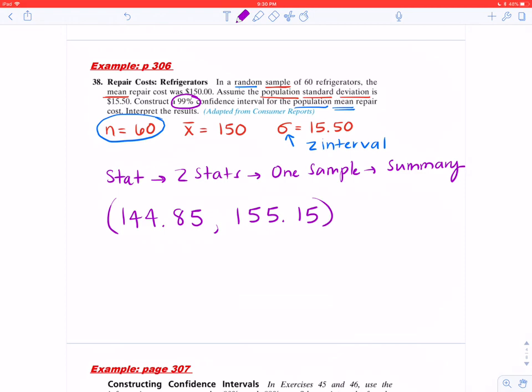All right, now again, what you want to remember is that this is an estimate for the mean of the entire population, for the value of mu. And this estimate is done with a 99% level of confidence. I'm just abbreviating that.